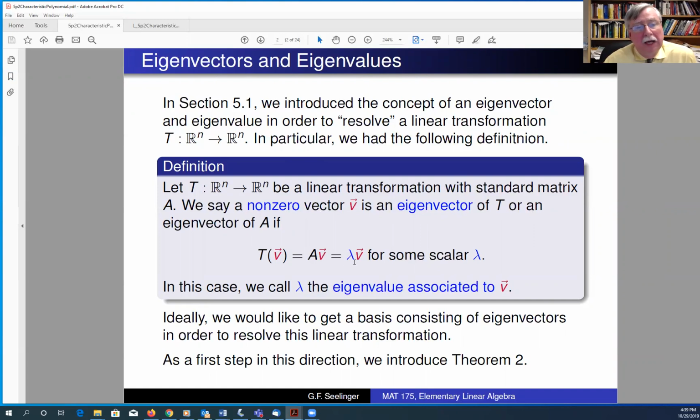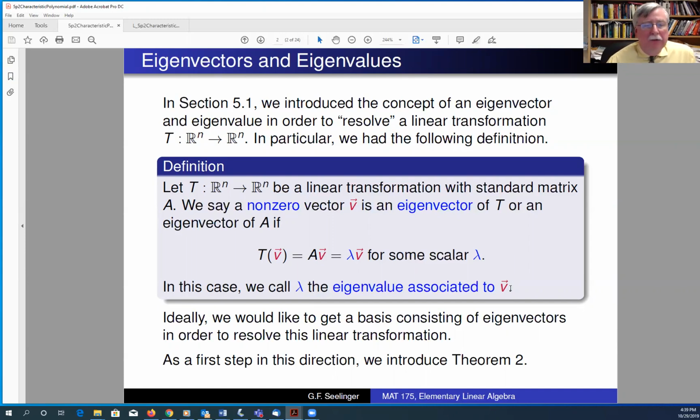So I think of this as a blob. So A times V is a blob times V, okay? And that's an eigenvector, and again, it's important that it's non-zero, okay? In this case, we call lambda the eigenvalue associated to V, and remember, that's just a scaling factor in the direction of V, okay?